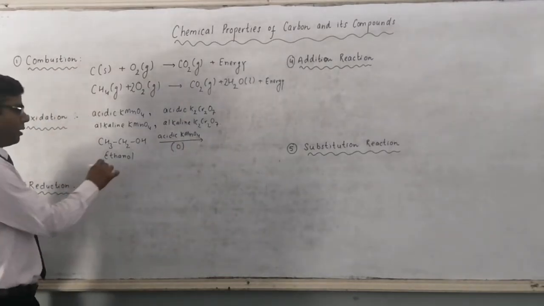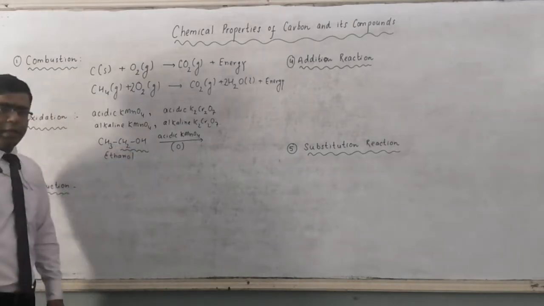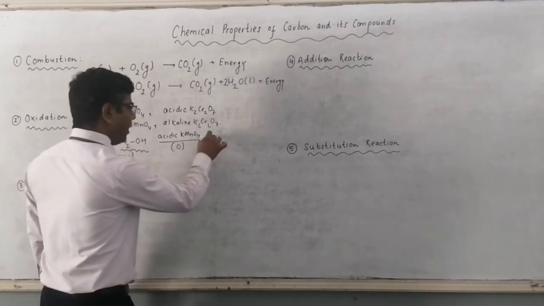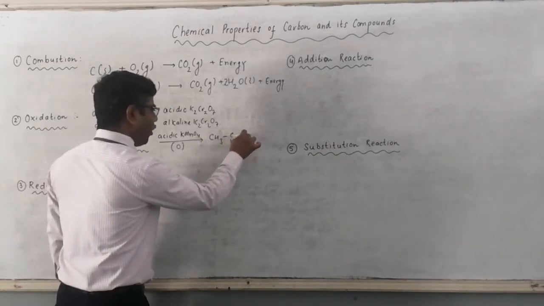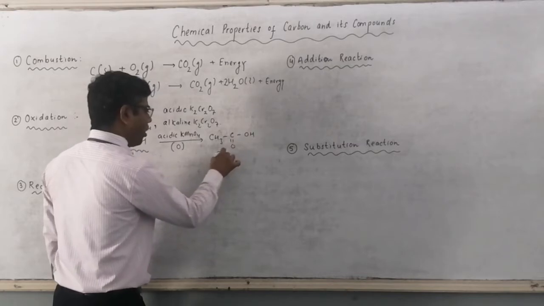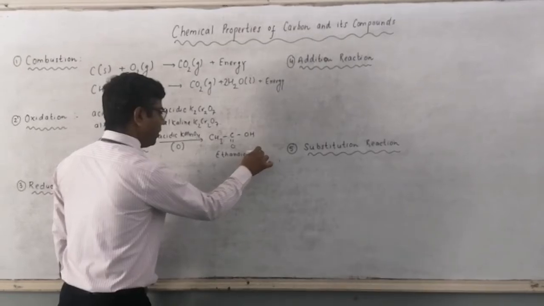As a result of oxidation reaction, the CH2OH unit will be converted to C double bond to OH, and as a result of which we will obtain CH3 C double bond to OH, which is called ethanoic acid.